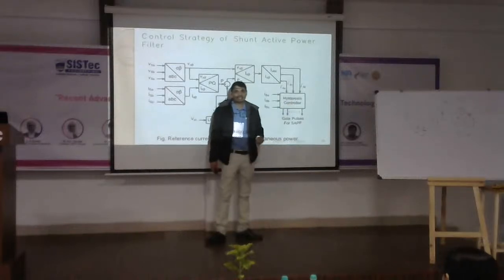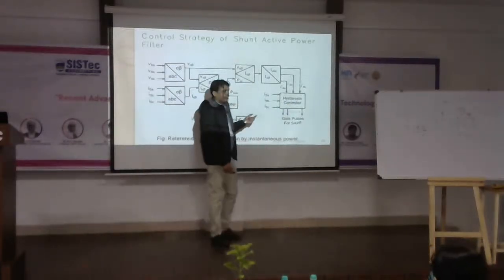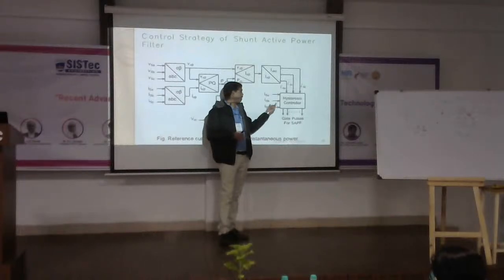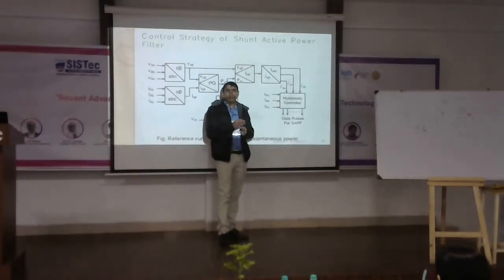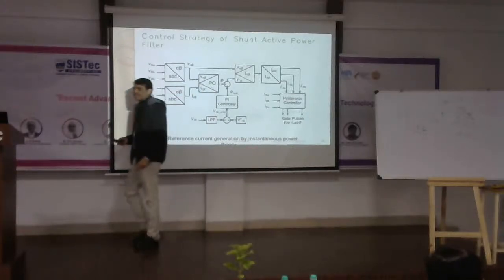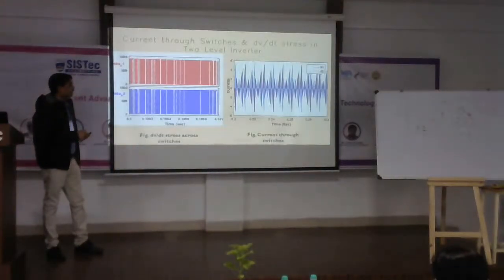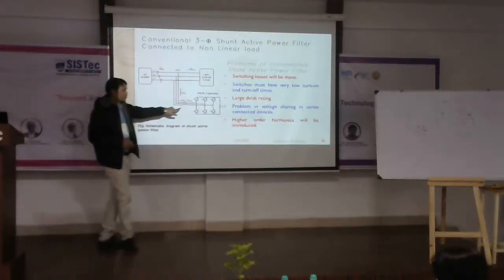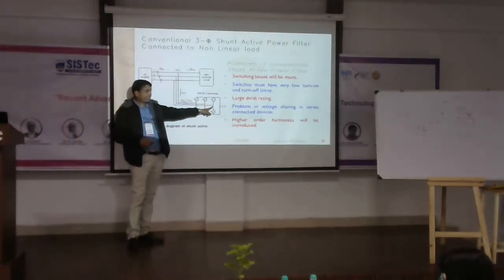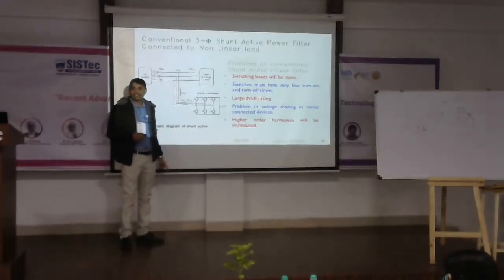So this is the logic to generate a pulse. Here we are using a hysteresis control. Hysteresis control is nothing but a band actually. We pass these two waveforms, that creates an error, and that error is considered as a pulse. These pulses operate the switches. Six pulses will be generated, and these pulses operate to generate a compensating current, isn't it?